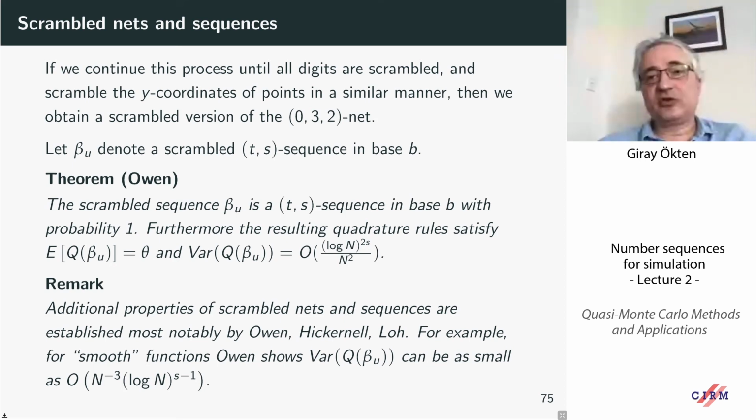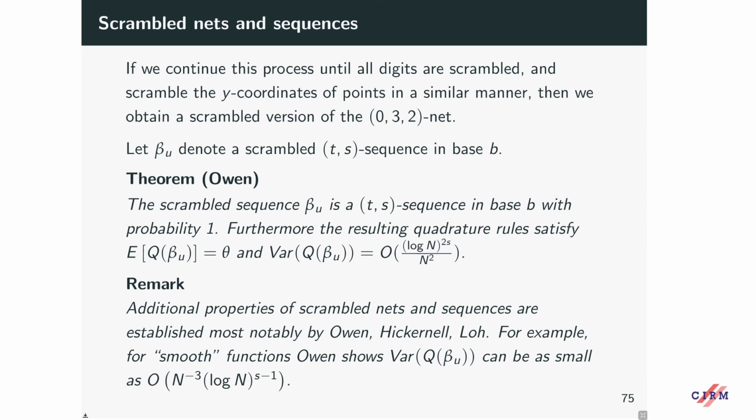And eventually what you obtain is a scrambled version of the (0,3,2) net. And Owen proved this theorem for scrambled sequences. Many researchers in subsequent work proved these variance results for smooth functions.